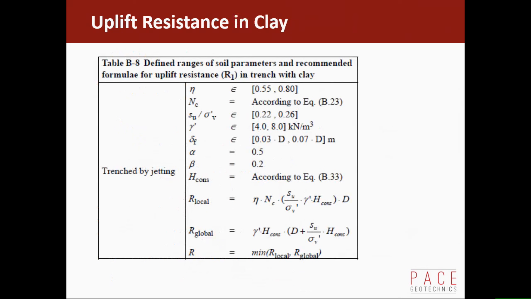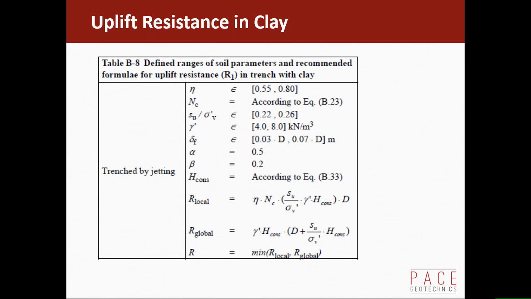And DNV have given us some parameters in similar form to the previous ones. NC is 9. There is a sort of reduction if you're at shallow depth based on that equation, but in reality the shallow failure starts taking over, and you've got your 2 parameters there for mobilization displacement.